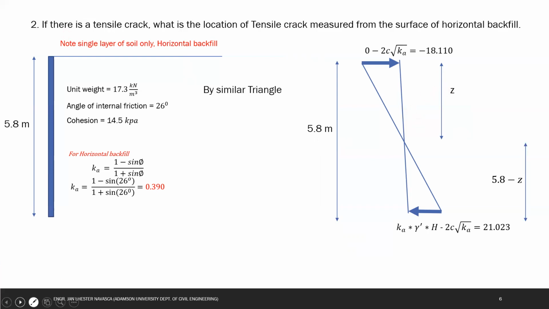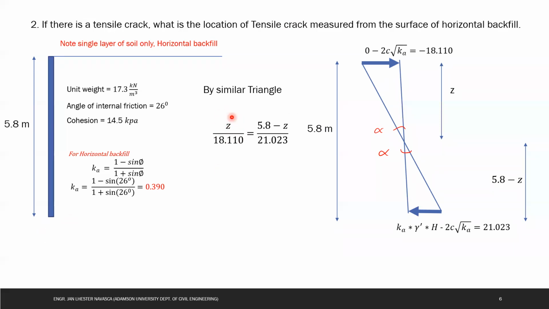Meaning the angle over here, let's say alpha, and the angle over here is the same, equal to alpha, meaning we can do a similar triangle proportion. So how to do that? Just the tangent of alpha is equal to the tangent of this alpha. Okay, so tangent ba yung ginawa ko? Sorry, cotangent ang ginawa ko para mas madaling i-shift solve, nasa taas yung unknown.